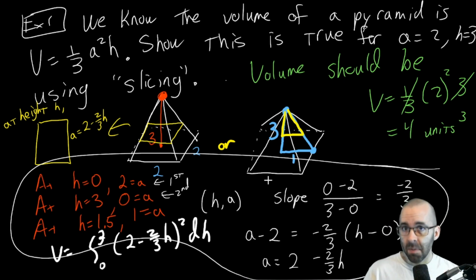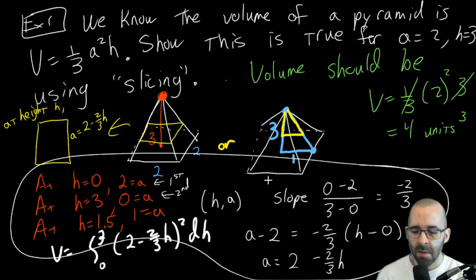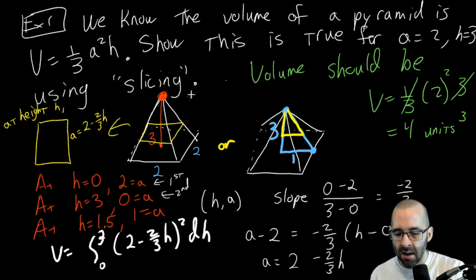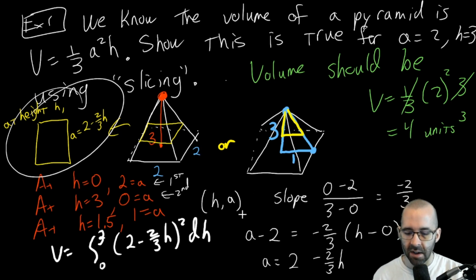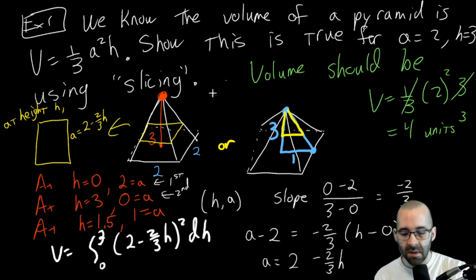Everyone's going to be problem solving differently. And that's what can be a hard part of this section, is you just kind of have to use your tools in a way that works for you. And there's not going to be a single way that always works. But the important thing is you find the area of this cross section at any height, however you're going to do it. As a side note, if you had this pyramid upside down, it actually is a lot easier to solve.